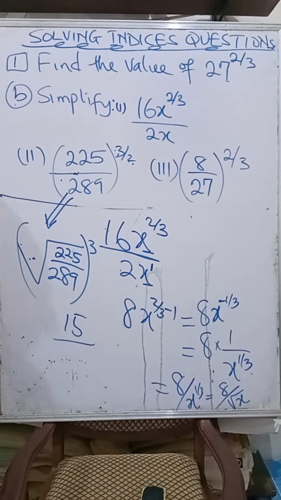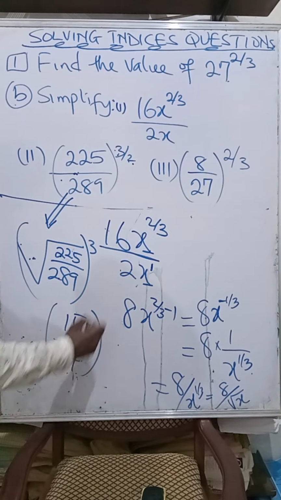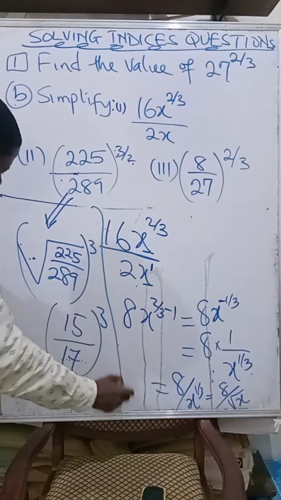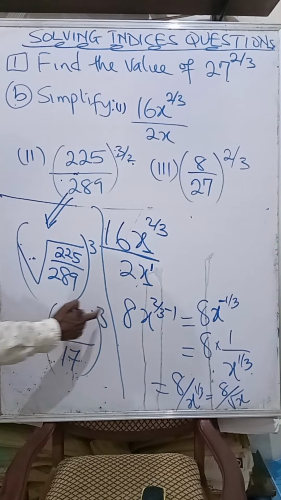Square root of 289, I think it's 17. Okay, you can confirm that. So, and that will be equal to what? 15 to power 3.